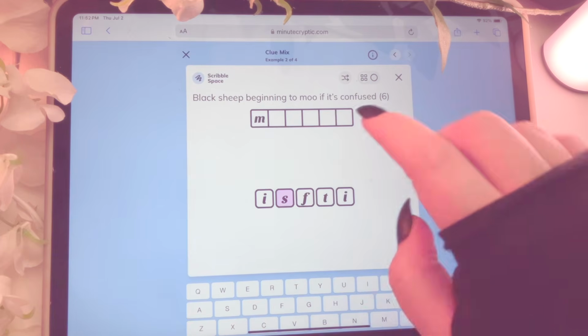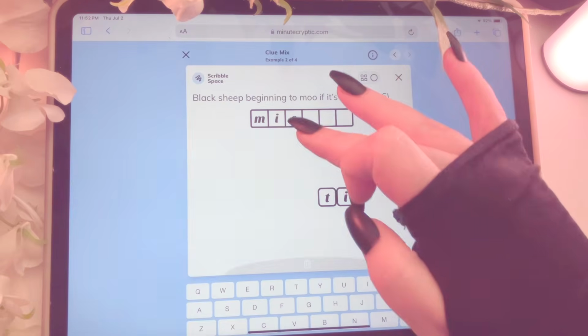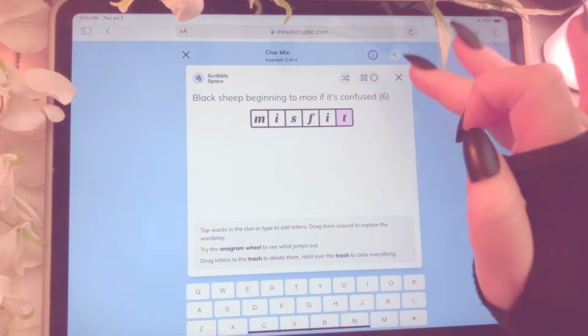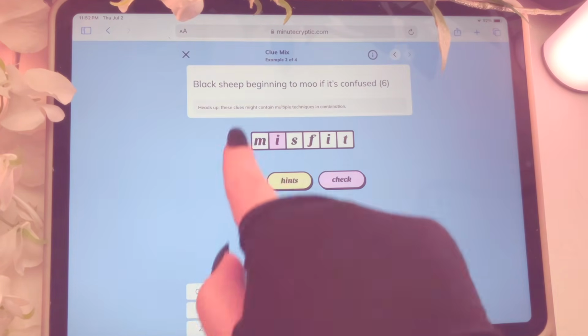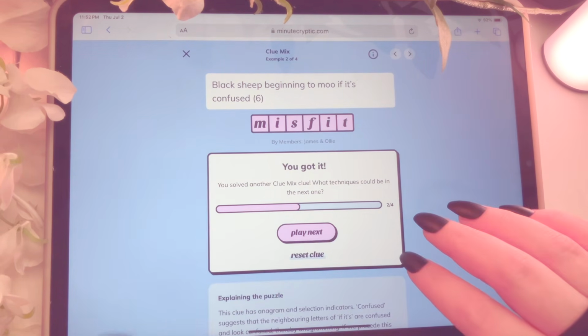This is nearly it. What is a black sheep? A misfit. Yes, we got it. Misfit.